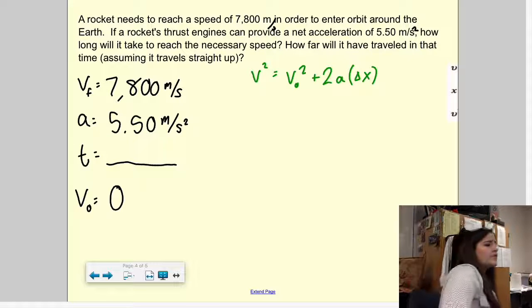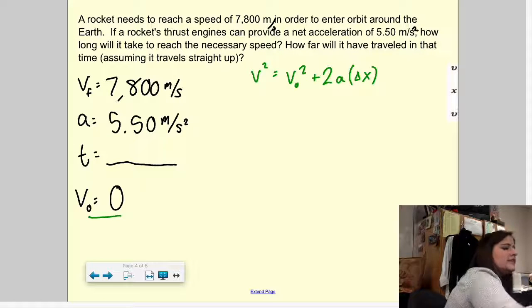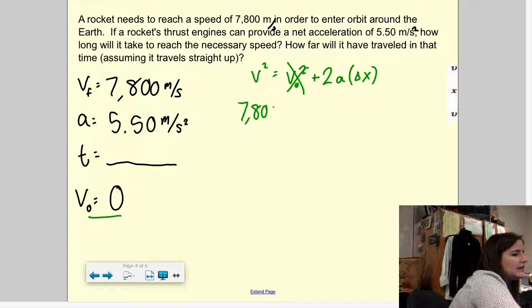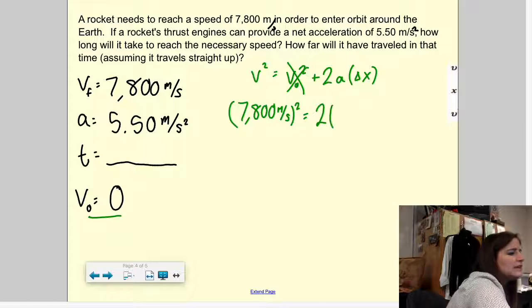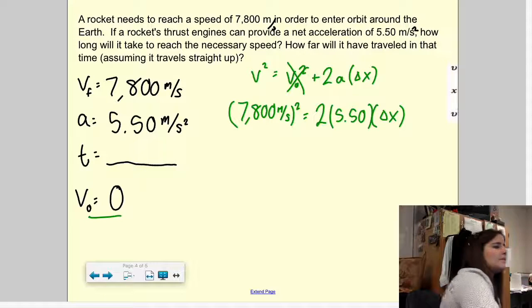V initial is 0, so we can cancel out that term. So we have v squared, 7,800 meters per second squared, equals 2 times our acceleration, 5.50, times delta x, which is what we're trying to find.